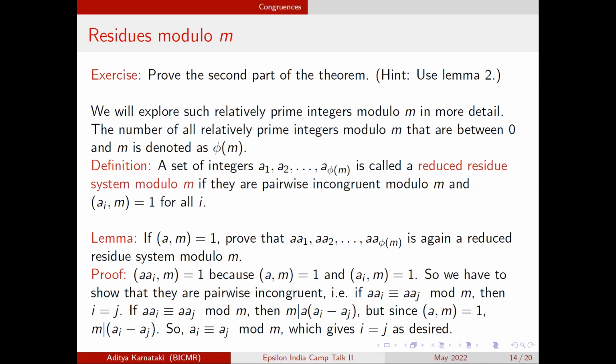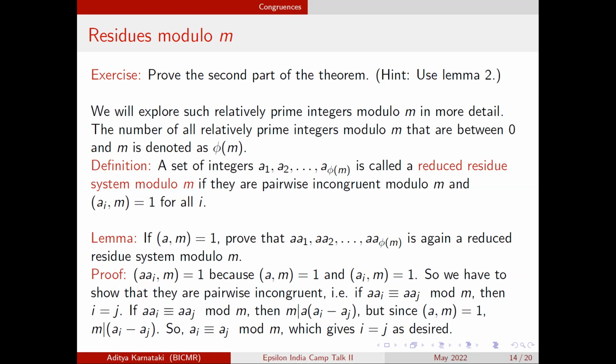And so we just need to show that they're pairwise incongruent, which means that if two things are congruent modulo m, then the indices have to be the same. They cannot be distinct. Then you just write down what it means. a·ai is congruent to a·aj modulo m. Then m divides a times (ai minus aj). But since the GCD of a and m is 1, m has to divide the other thing, by the lemma that we saw some time ago.